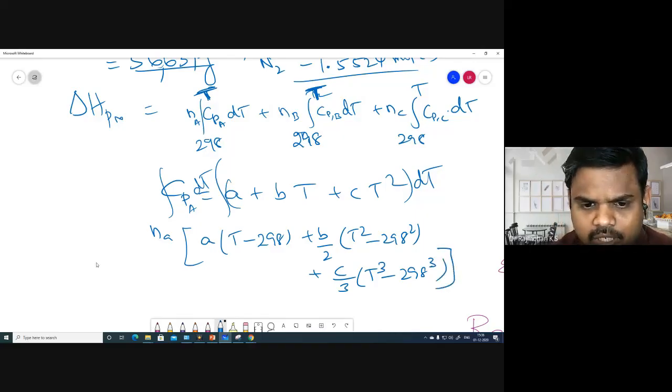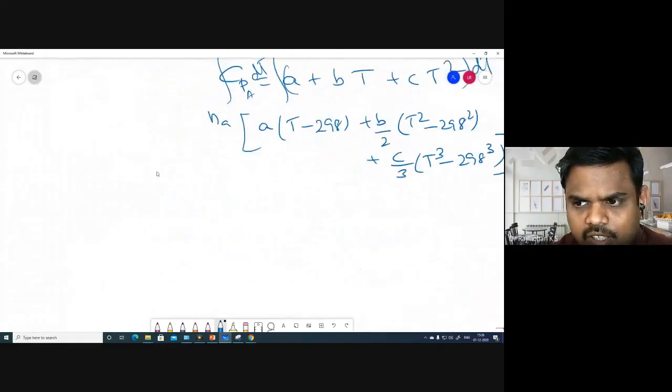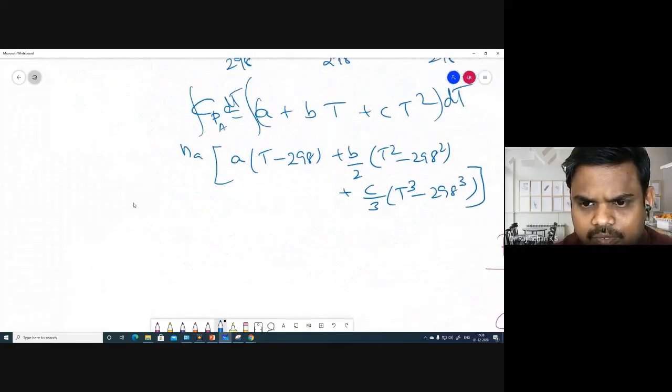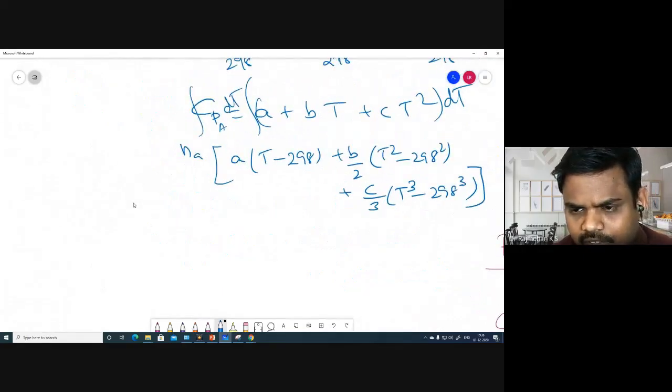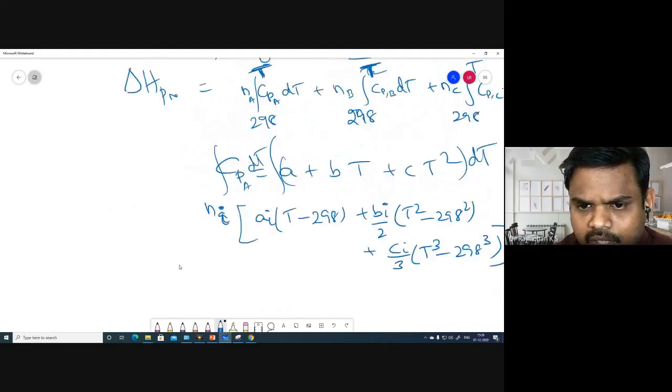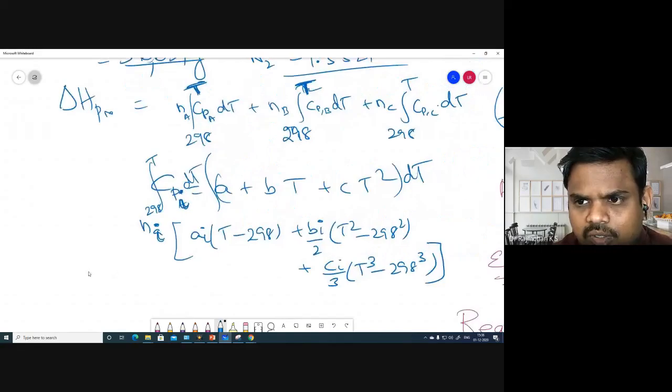Okay, so similarly we are going to have three terms for all the A, B and C. So in general, this is the general equation, right? For any component i, Ni into Ai plus Bi, Ci of the ith component, right? So this is the general formula, if you have Cp of the ith component given, from temperature 298 to T. Okay, so this is the formula we can substitute into this equation.